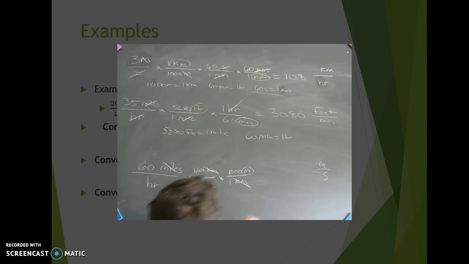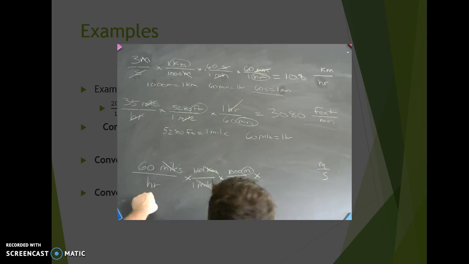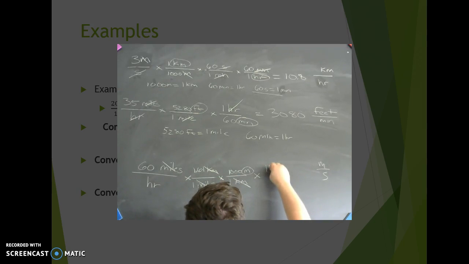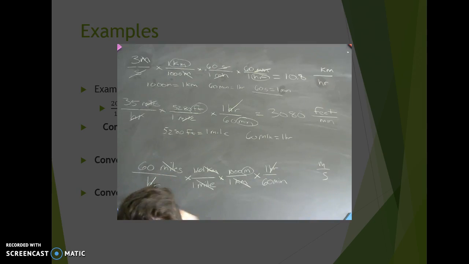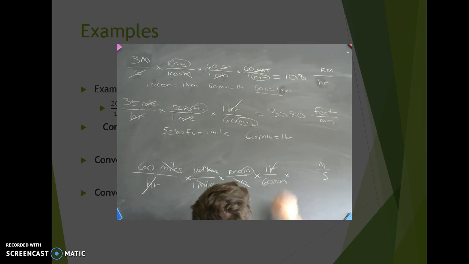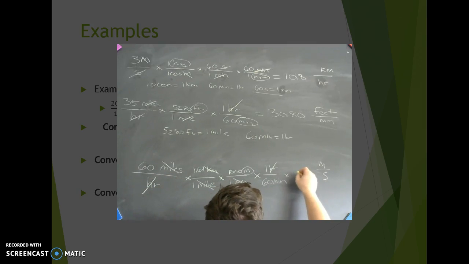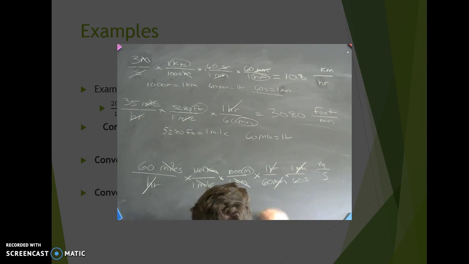So just like before, I'm going to introduce a fraction with hours on the top, 1 hour, and 60 minutes on the bottom. This will allow me to cancel out hours, and my final step here will be multiplying by 1 minute over 60 seconds. This cancels minutes out, leaving me in just seconds.